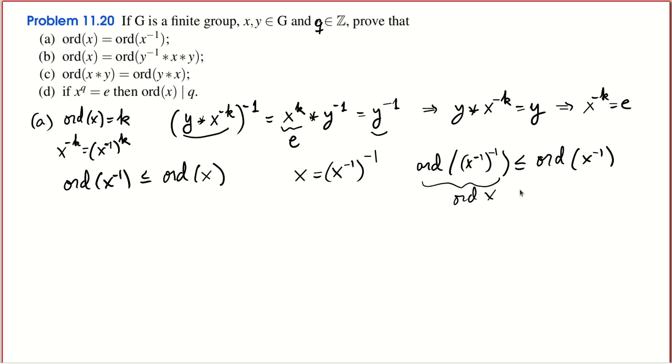So if both inequalities are true, then the order of x to the minus 1 has to be equal to the order of x, right? So here's the first property.